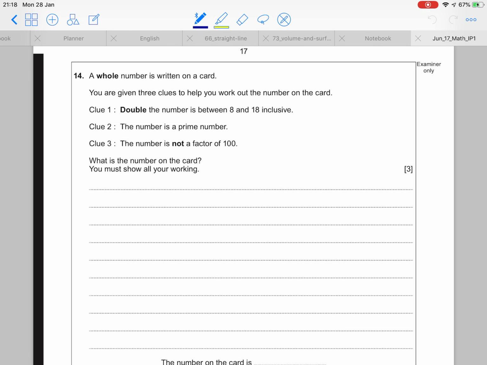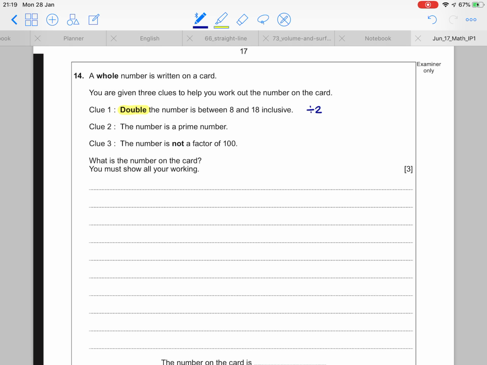So a whole number is written on a card. You are given these clues to work out what that number could be. Clue 1 is double the number is between 8 and 18. If that's double the number, so the number itself would be half.